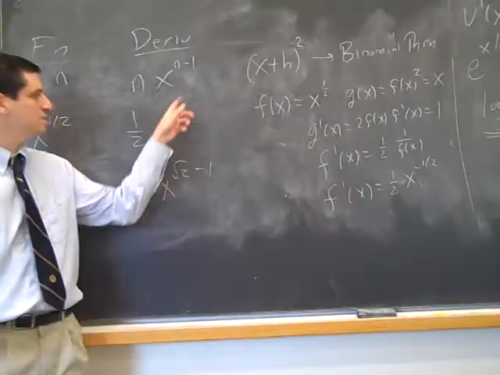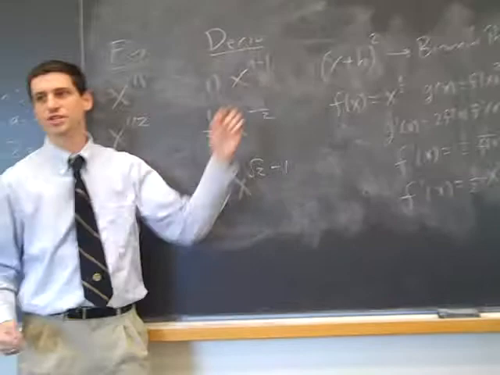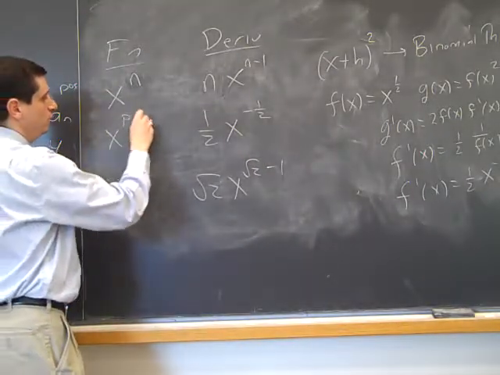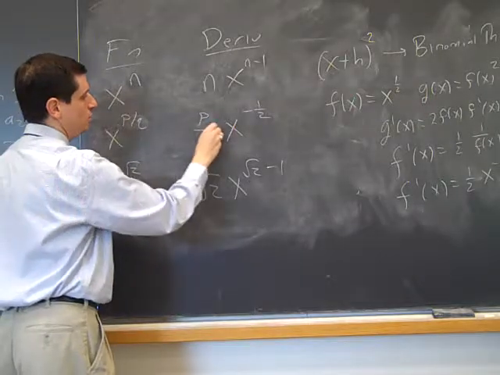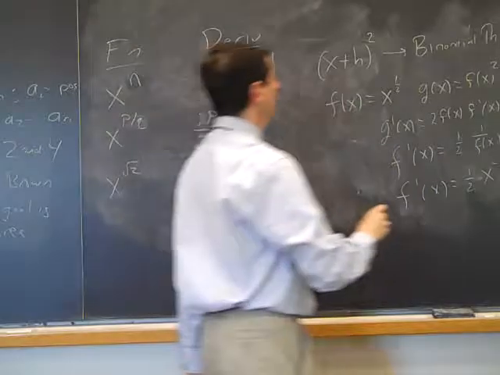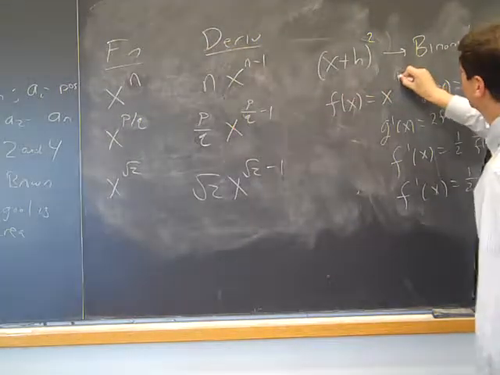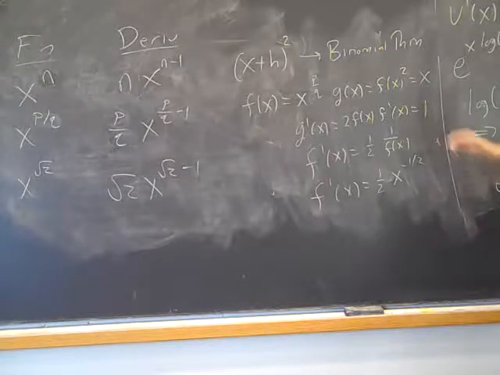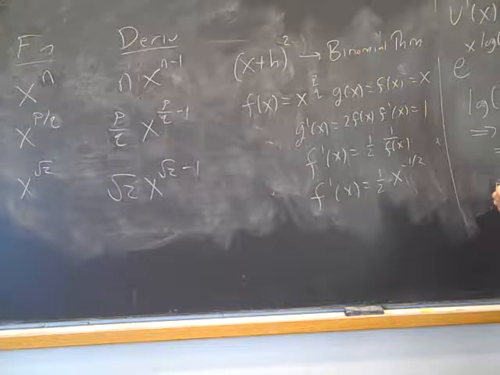If I gave you x to the p over q, you could do this as well. So all that would change is if I now give you p over q, you get p over q, x to the p over q minus 1. What do you think I look at? Instead of g of x equals f of x squared, I look at f of x to the q, just to the q.